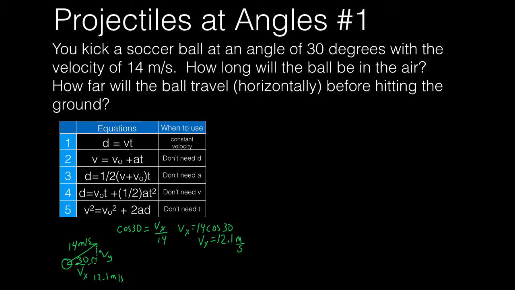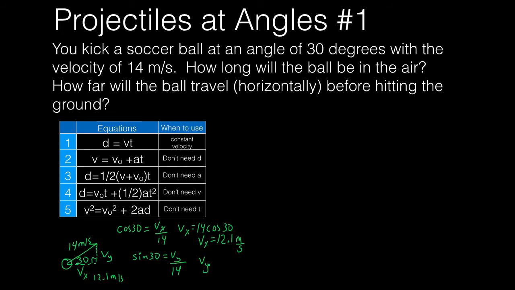Now let's solve for v sub y. It's the side opposite of our angle, and we have the hypotenuse. Opposite over hypotenuse is sine. So sine of 30 is equal to the opposite, which is v sub y, the velocity in the y direction, divided by the hypotenuse, which is 14. Again, if we multiply both sides by 14, we can isolate v sub y.